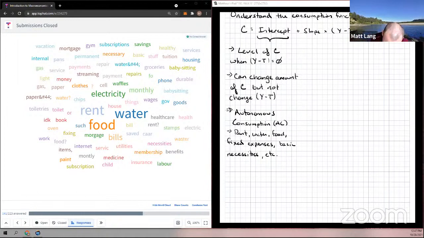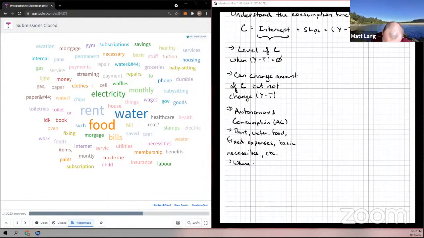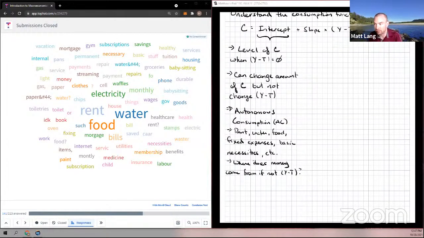So where does this come from? Where does the money come from if not Y minus T? If it's not our take home income, where is the money for this food, rent, water coming from?